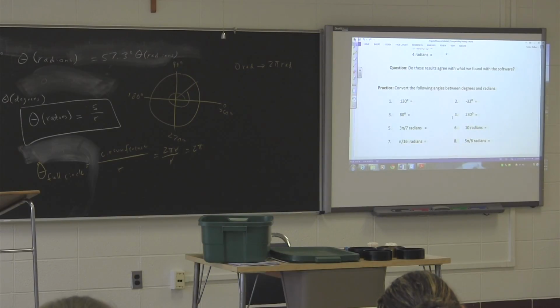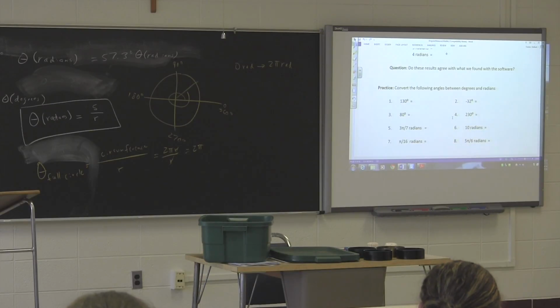Yep, that would be fine. How about 80 degrees? You can just call it out as the spirit moves you. 1.4 radians, good. In terms of pi, 0.44, good. 230 degrees, 4.01 radians, good. Also 1.28 pi.